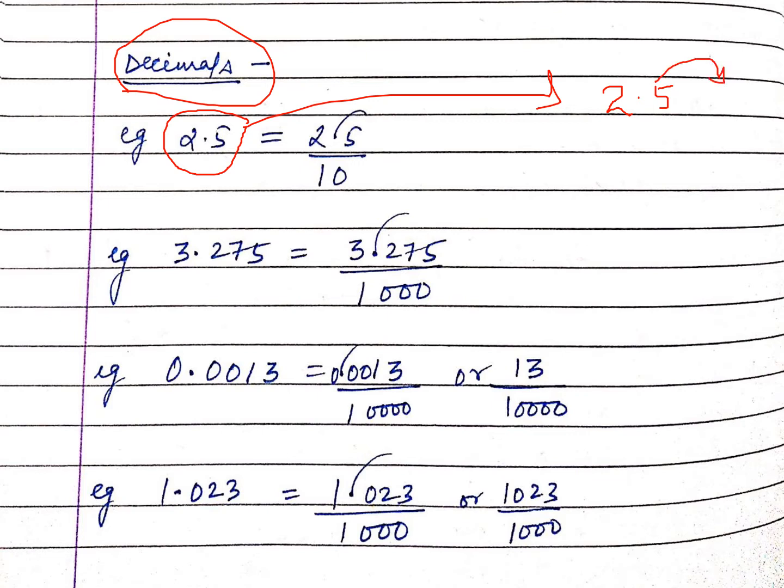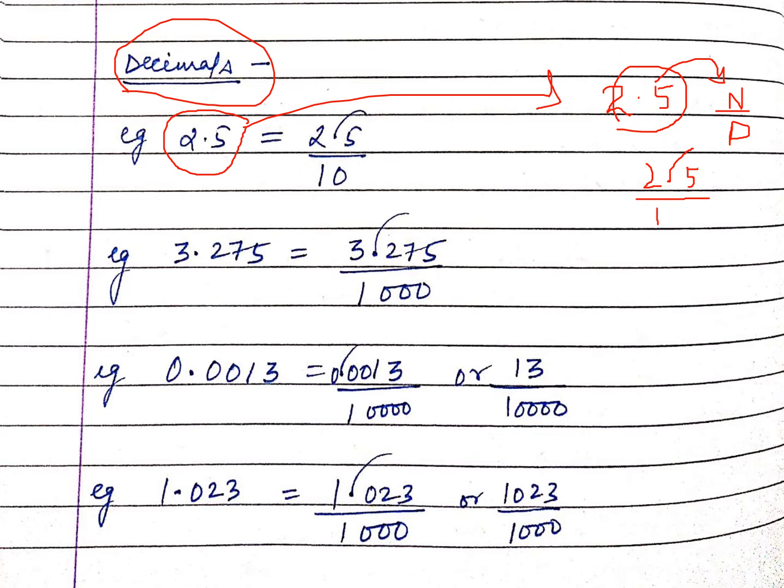What is a fraction number? Containing a numerator and a denominator. Now how to convert a decimal into a fraction? It is very simple. Just remove the decimal. While you remove the decimal, place 1 in the denominator.